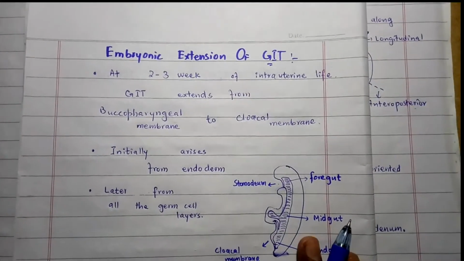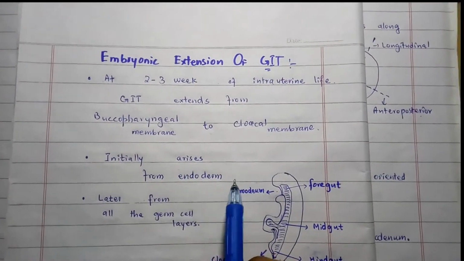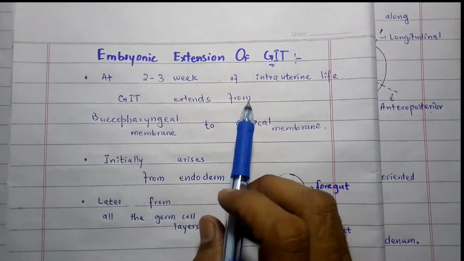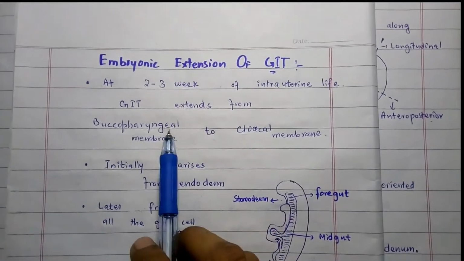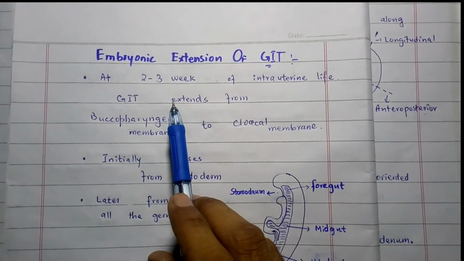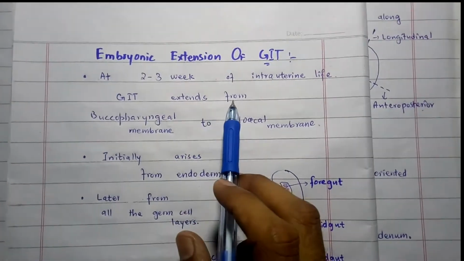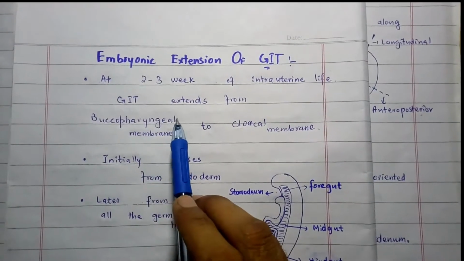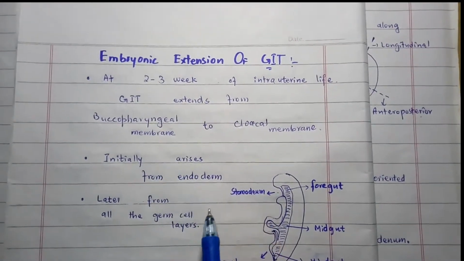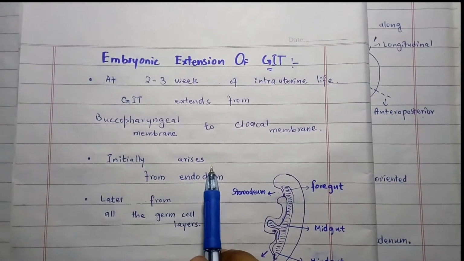With further developmental processes, the embryonic extension of the GIT occurs. At the age of the 2nd or 3rd week of intrauterine life, the gastrointestinal tract extends from the buccopharyngeal membrane to the cloacal membrane.